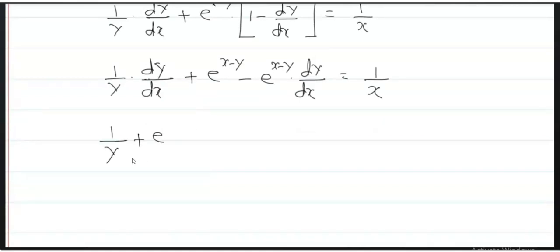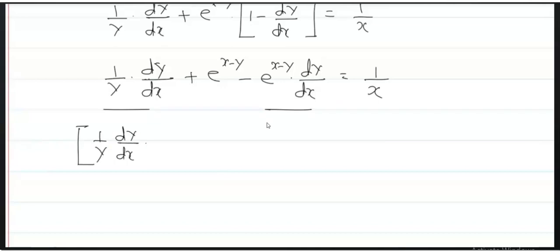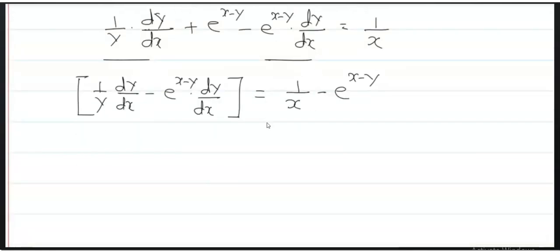Collect the terms of dy by dx, that is 1 upon y into dy by dx plus e raised to x minus y into dy by dx, equal to 1 upon x minus e raised to x minus y.